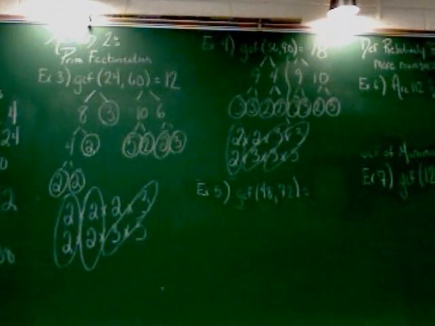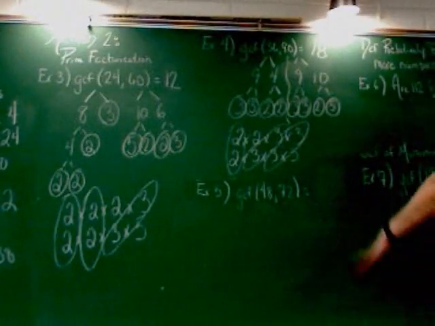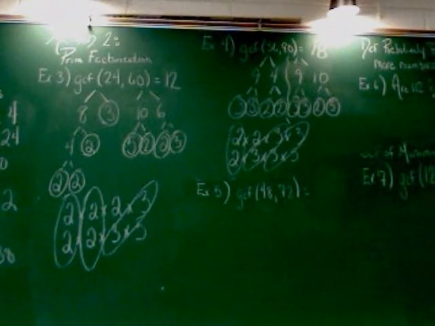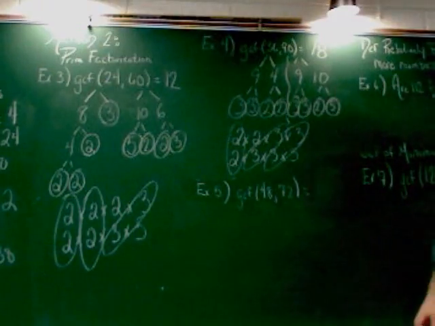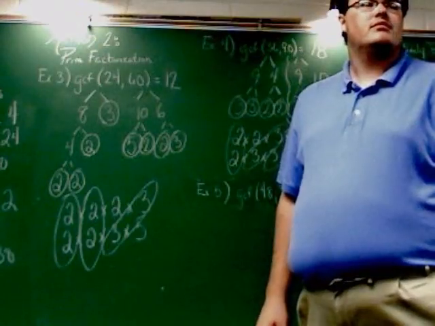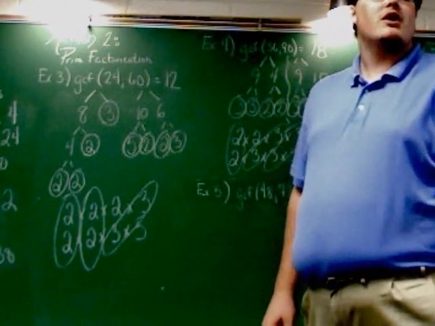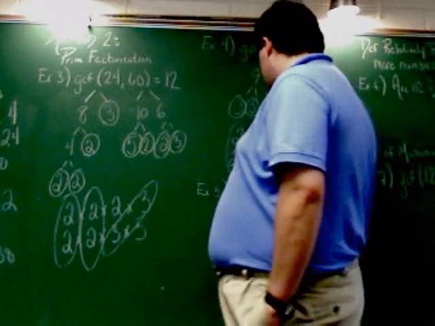All right, let's try it with 48 and 72, then we'll move on to something else. So got to break down 48 and 72. Joe, give me two numbers that multiply together to make 48. Well, there's 8 and 6. 8 and 6 works.